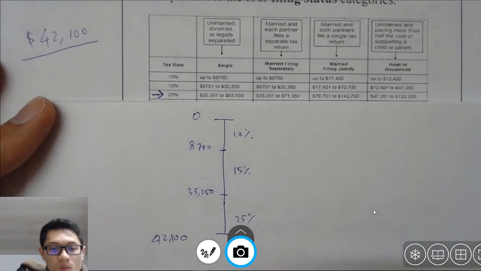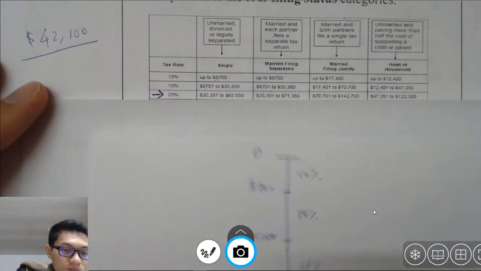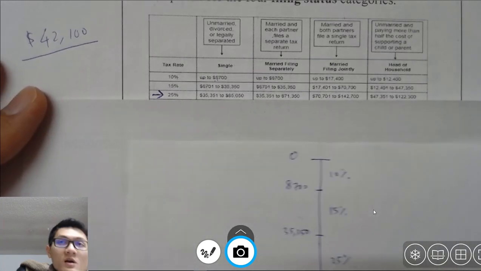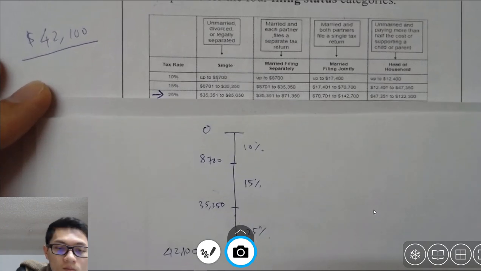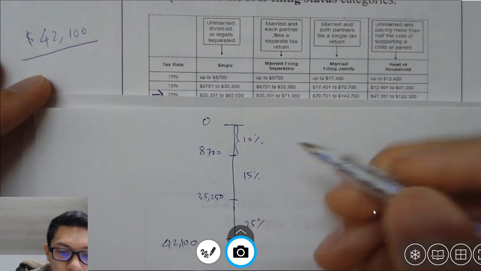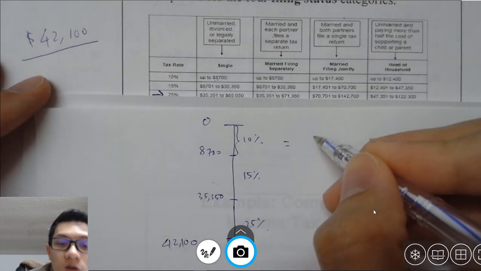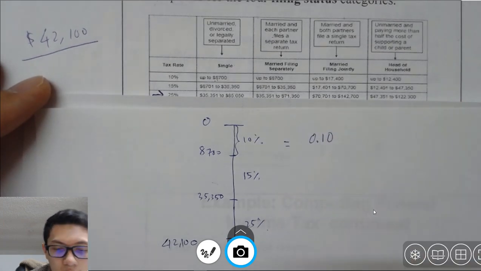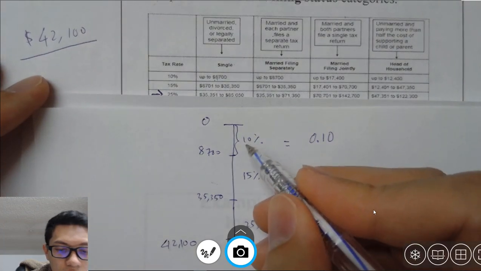So now what I can do is, for this interval, I take 10%. That means 0.10. You move 2 places to the left to convert it to a decimal.